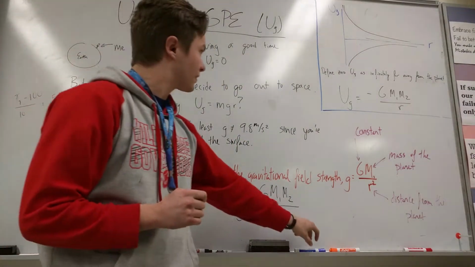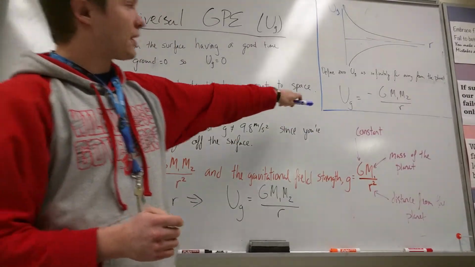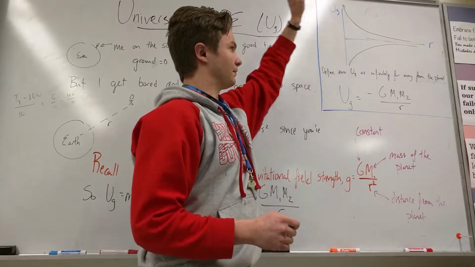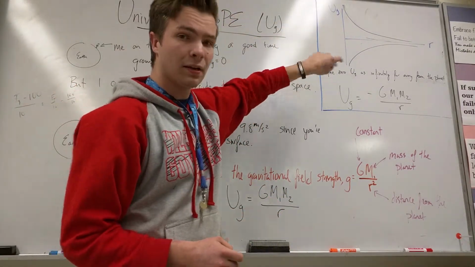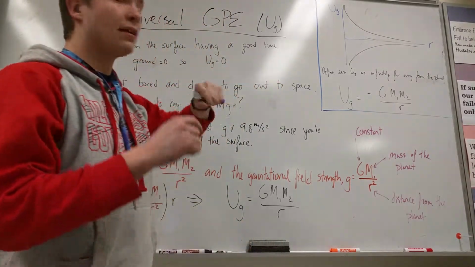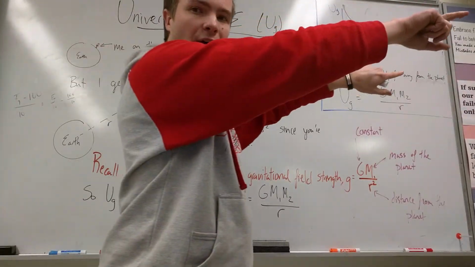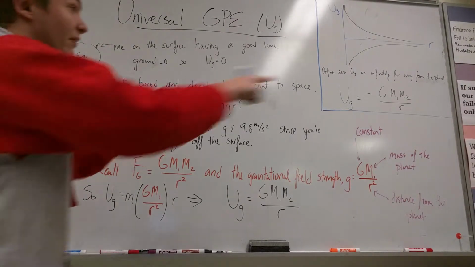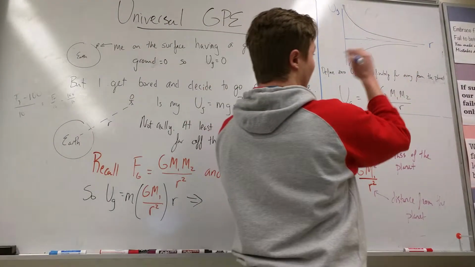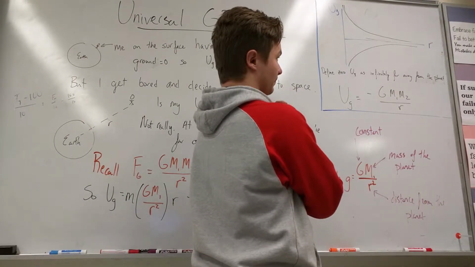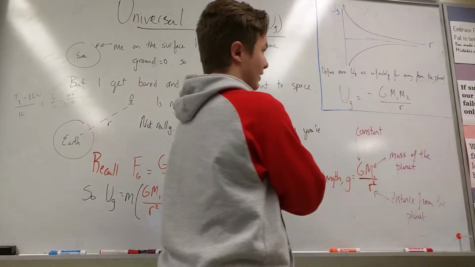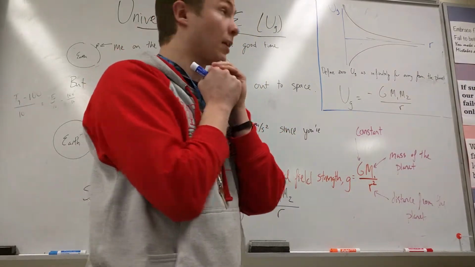See if you can make sense of this. I could call this either positive or negative, so these are the two graphs that I'm trying to consider. I will define the 0 to be when I'm infinitely far away from, in this case, the Earth. When I'm infinitely far away from the Earth, I have 0 potential energy. And when I get closer to the Earth, I get some potential energy stored up.